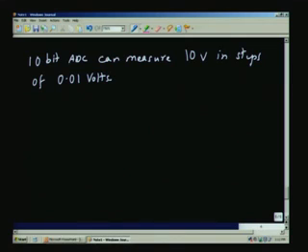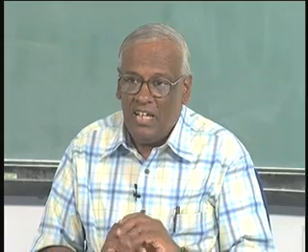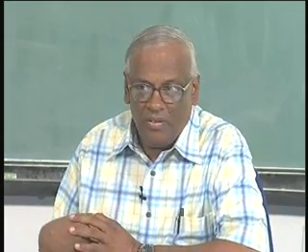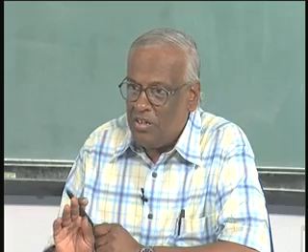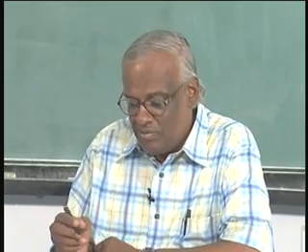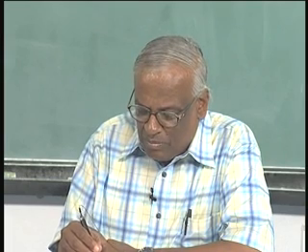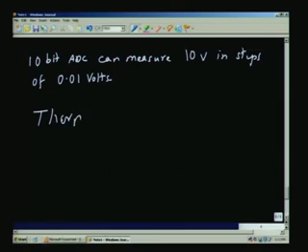So, the point why I am discussing this is, if we are going to convert a thermocouple output to digital form. For example, if you take a thermocouple output to digital form.